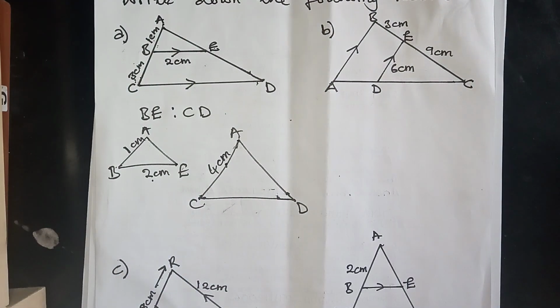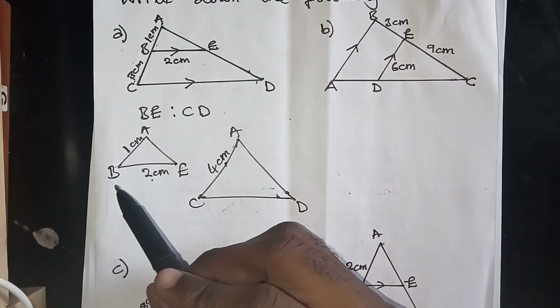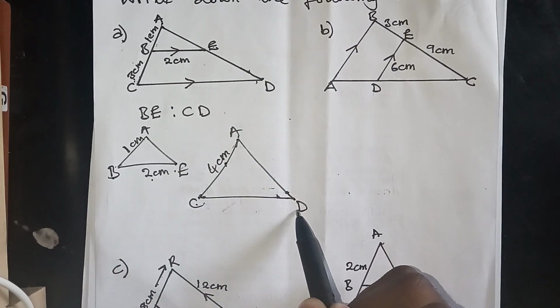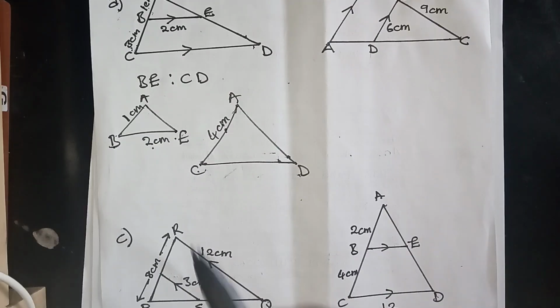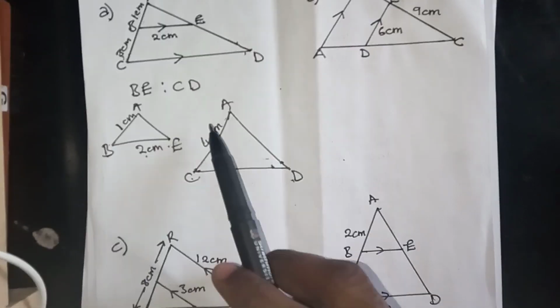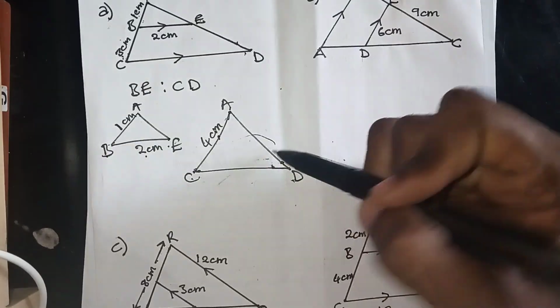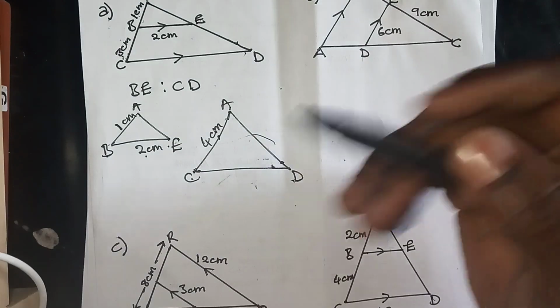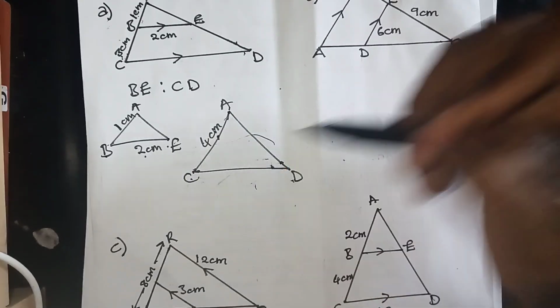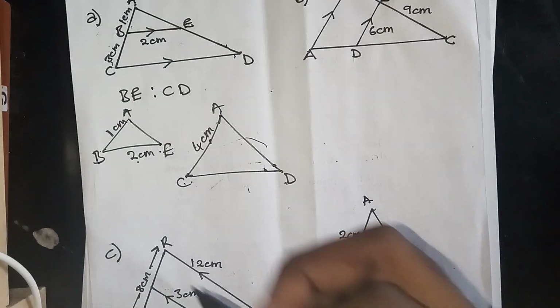This one is unknown. So now we want to find the ratio of BE to CD. Now, when two triangles are similar, it means all the sides are in proportion, or the ratios of each pair of corresponding sides are the same.